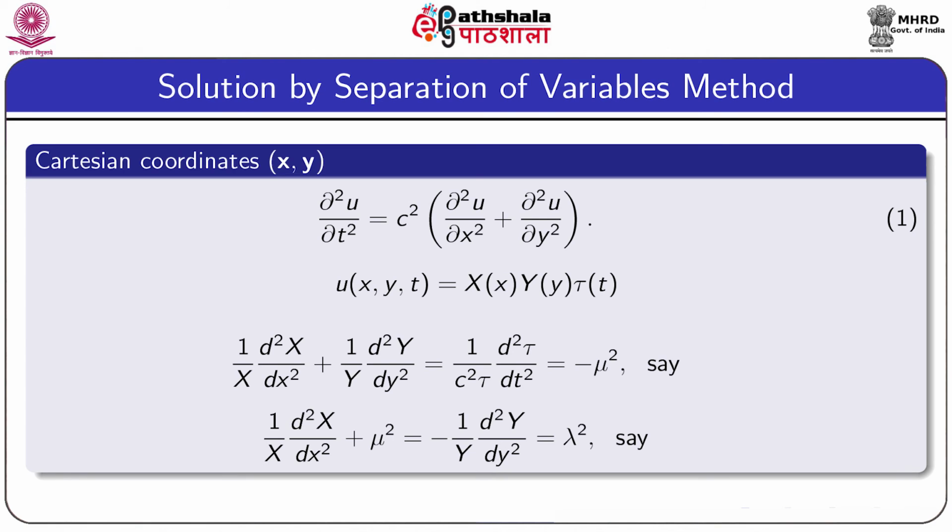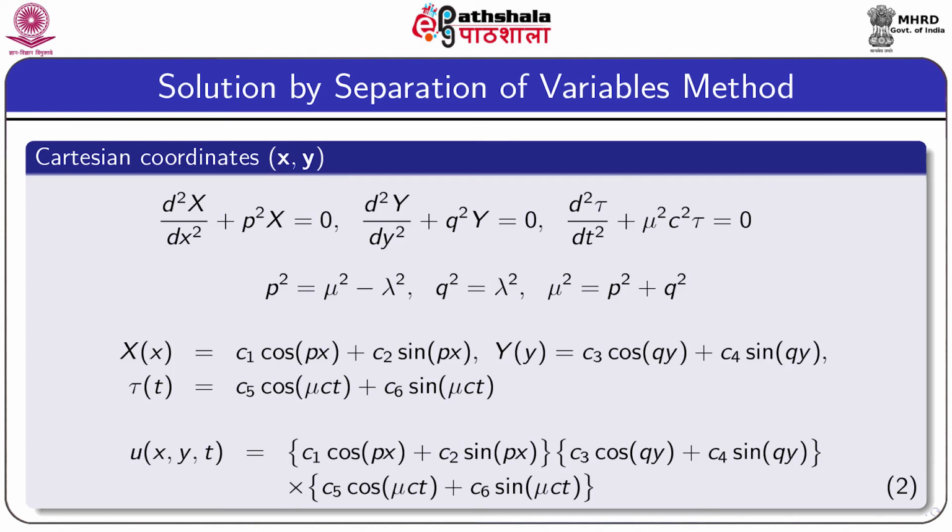So, first we separate the function of t from the function of x and y, and we assume the separation constant as minus mu square to obtain a periodic solution. Now, the equation for tau becomes d2 tau dt square plus mu square c square tau equals 0.